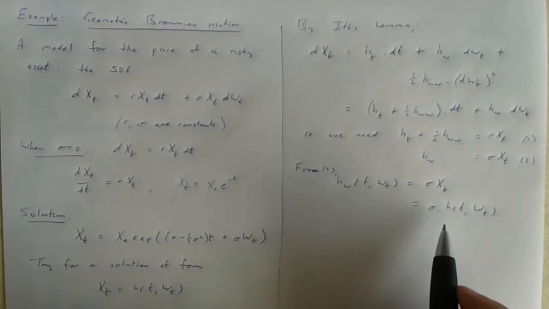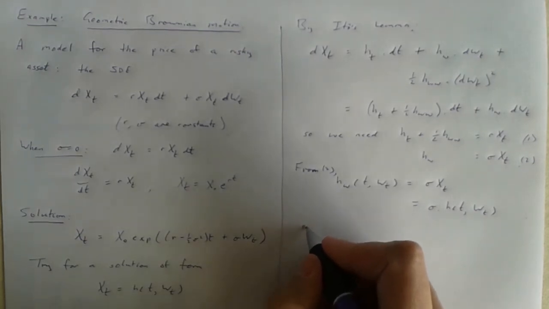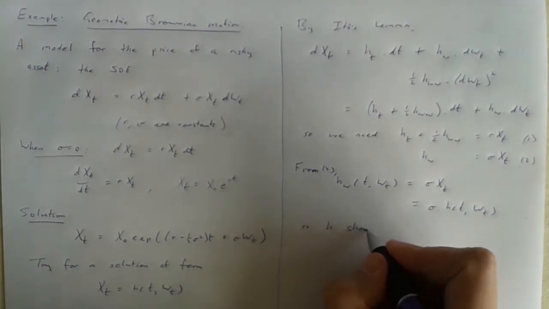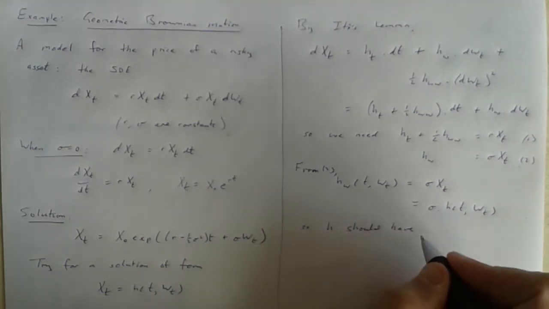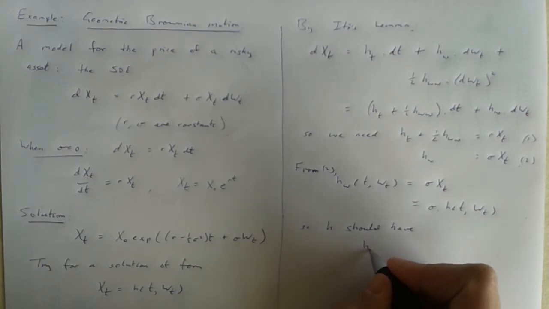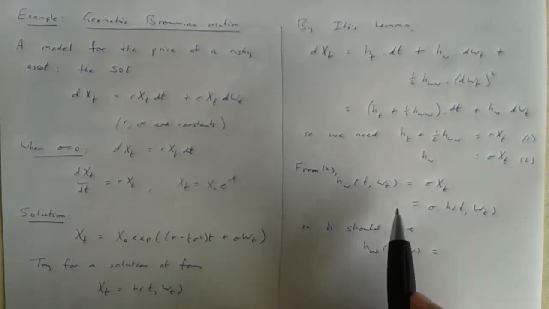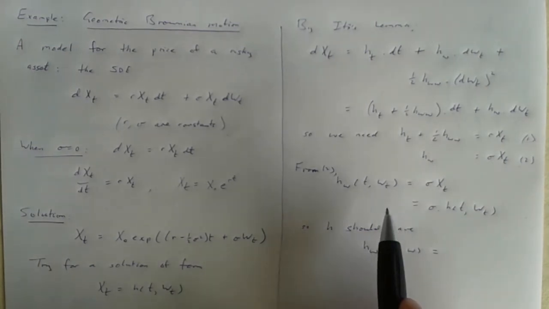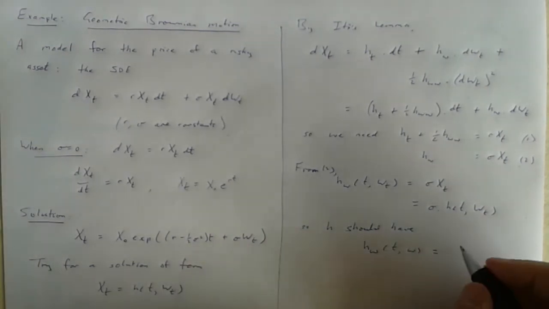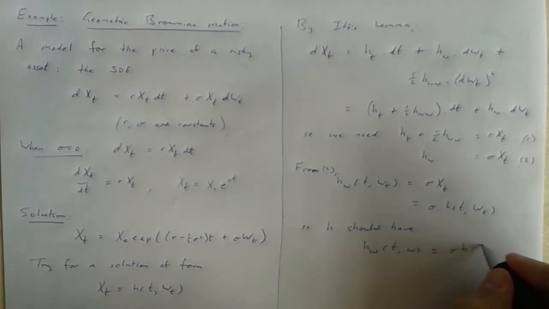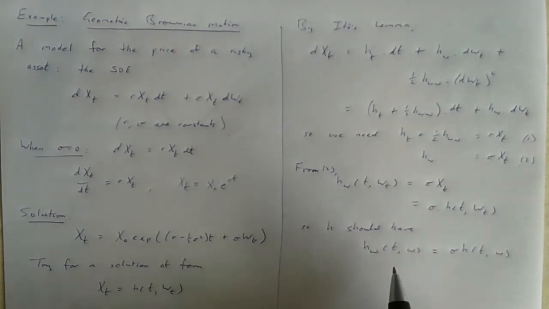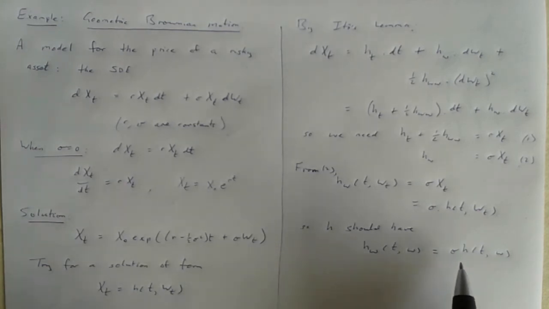So what are we looking for in the function h? It doesn't really matter that the Wt is a random process now. In terms of a condition on h, this is what we're looking for. h should be a function so that when you partially differentiate it with respect to its second variable, you get sigma times the function you first thought of.